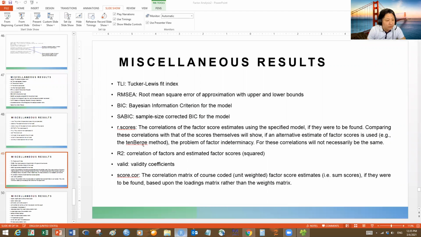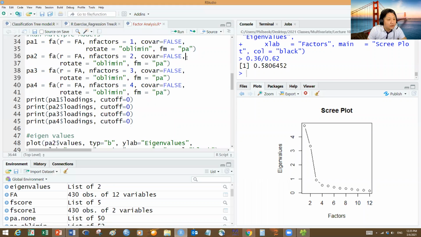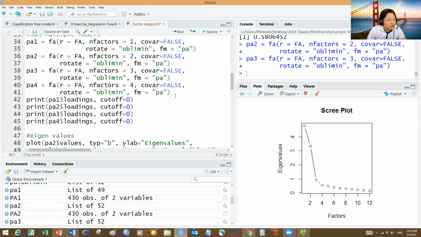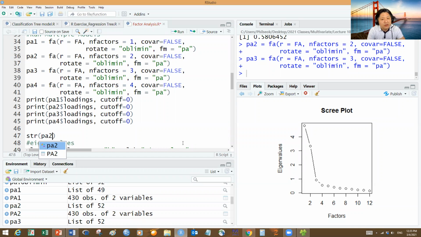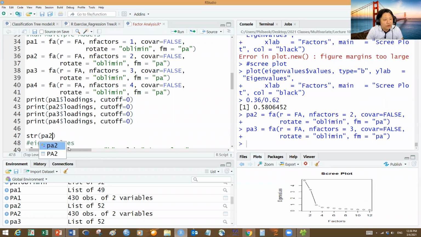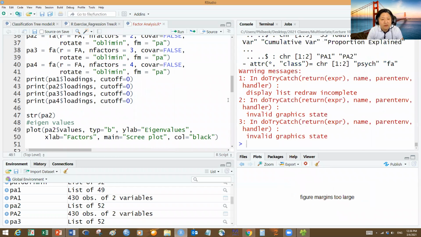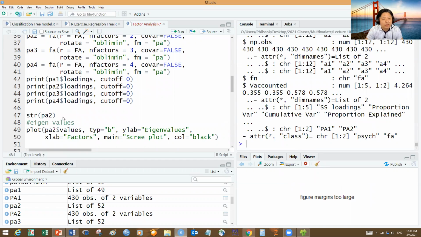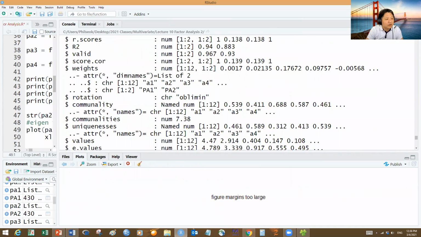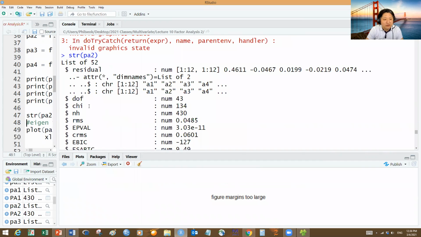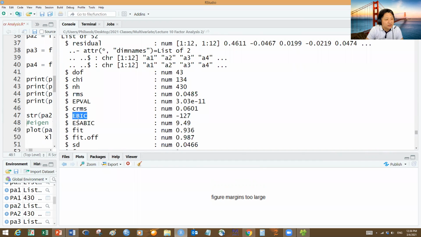Let's say we run the two-factor solution. If you see the structure in PA2 and run it, you can see all the detailed information: chi-square, RMSEA, BIC.